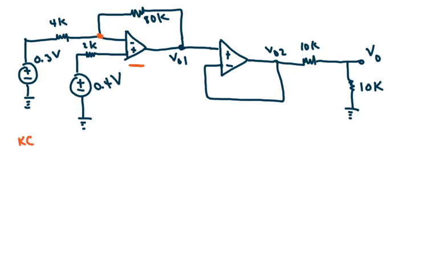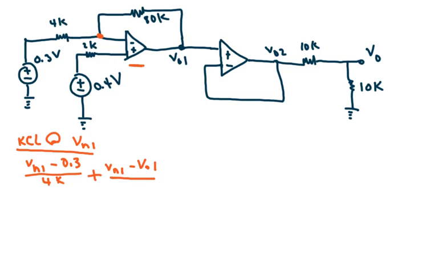So KCL at Vn1, and that will be Vn1 minus 0.3 over 4K plus Vn1 minus V01 over 80K plus In. Okay, and we know by the ideal operational amplifier characteristics that In is going to be 0.